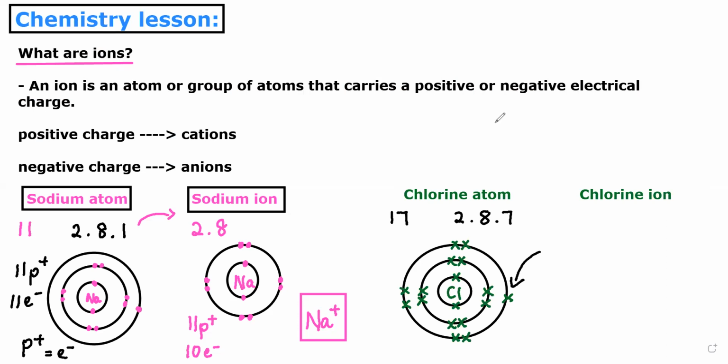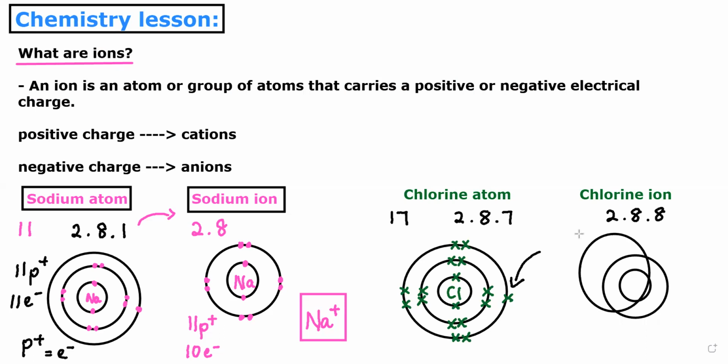So when it gains 1 electron, what will be the electronic configuration for chlorine ion? It is gonna be 2, 8, 8. It has gained 1.